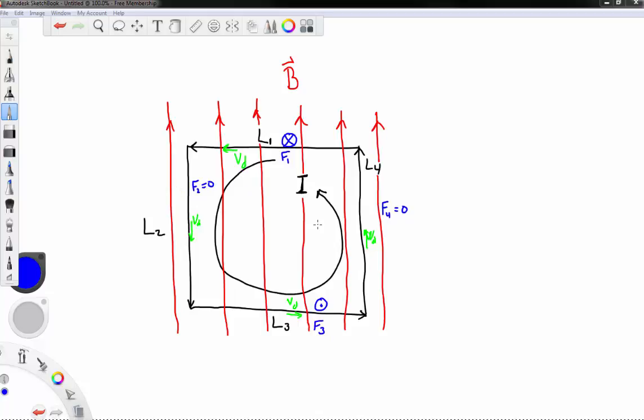How can you see that? Well, use your right hand, point your fingers along the magnetic field line, point your thumb in the direction of the drift velocity or in the direction of the current, whichever you'd prefer, and your palm is facing the direction in which the force will be acting.